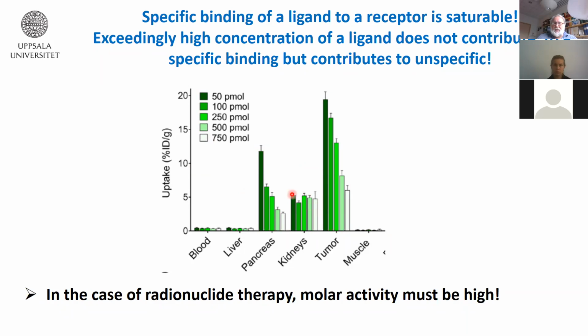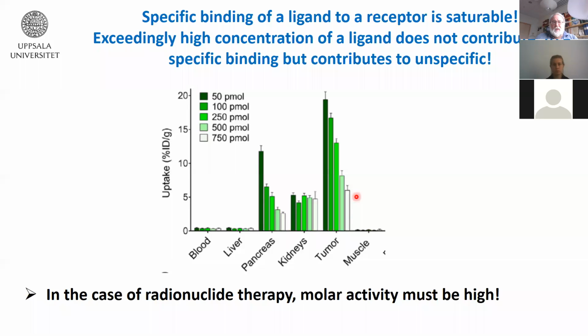At the same time, activity in the kidney did not decrease. So uptake in the kidney was absolutely unspecific. So that remains at the same level. So we had a problem because we need to deliver a certain amount of radioactivity. We could not have infinitely high specific activity, but when we increase the targeting agent mass, we have a decrease of specific uptake in the tumor.